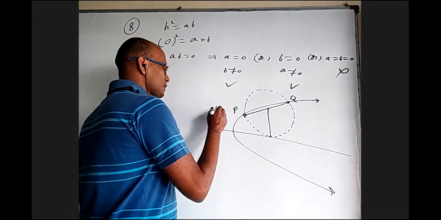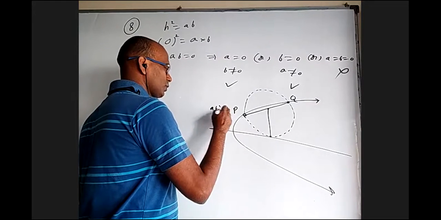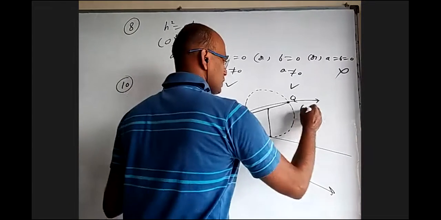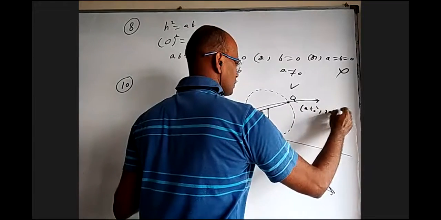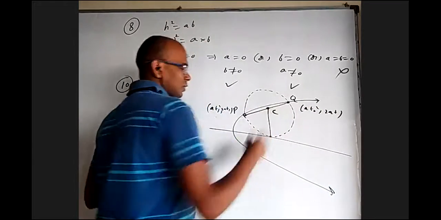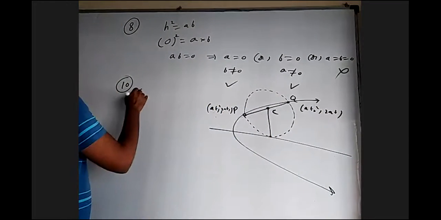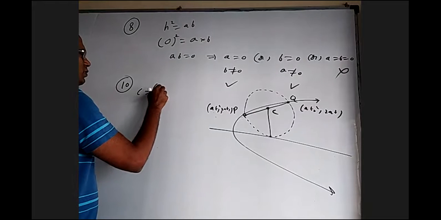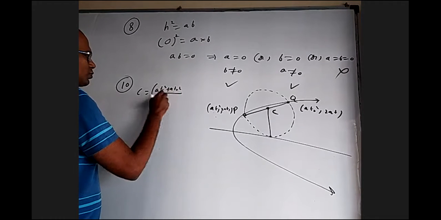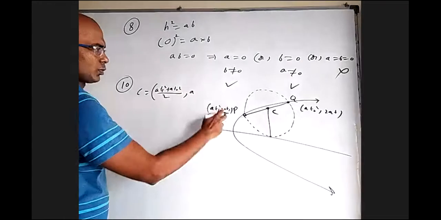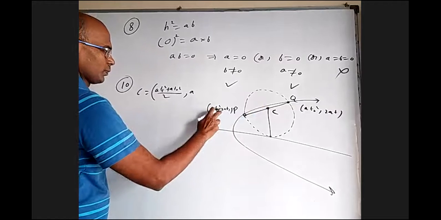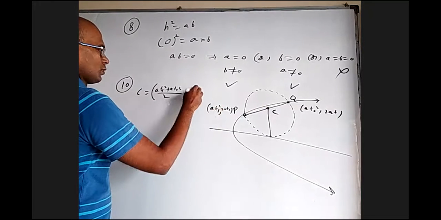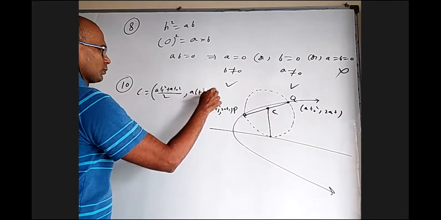If you take this as (at1², 2at1), this as (at2², 2at2), the center or midpoint will be (a(t1² + t2²)/2, a(t1 + t2)).